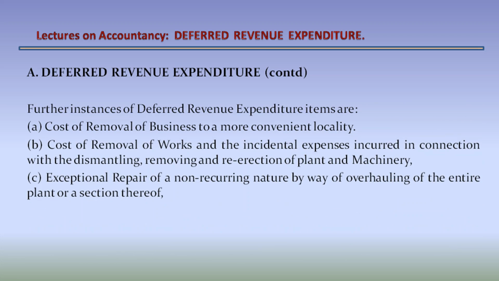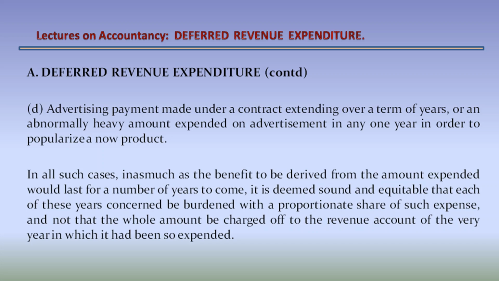Further instances of deferred revenue expenditure items are cost of removal of business to a more convenient locality, cost of removal of works and the incidental expenses incurred in connection with the dismantling, removing and re-erection of plant and machinery, exceptional repair of a non-recurring nature by way of overhauling of the entire plant or a section thereof, advertising payment made under a contract extending over a term of years or an abnormally heavy amount expended on advertising in any 1 year in order to popularize a new product.